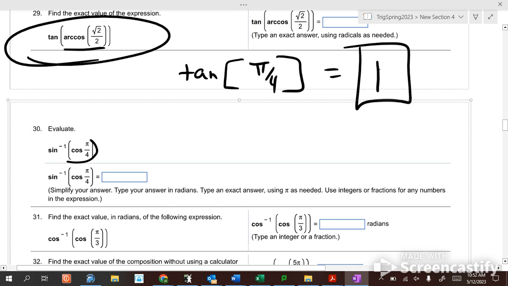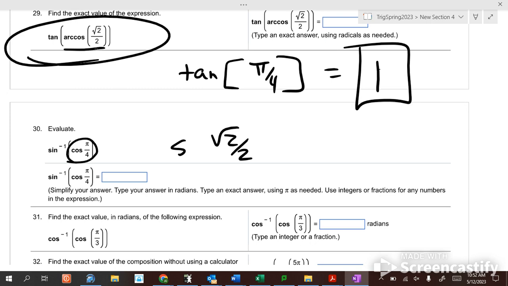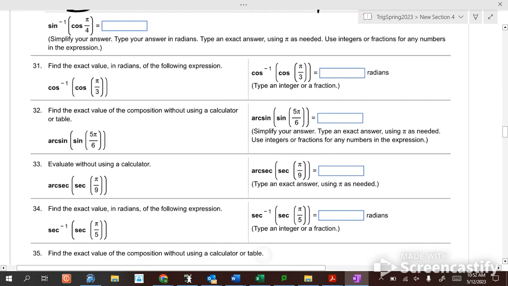What's the cosine of pi over 4? Square root of 2 over 2. What's the inverse sine of the square root of 2 over 2? Pi over 4. Okay? Not hard. What's the cosine of pi over 3? 1/2, right?